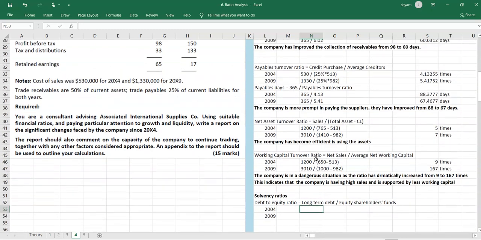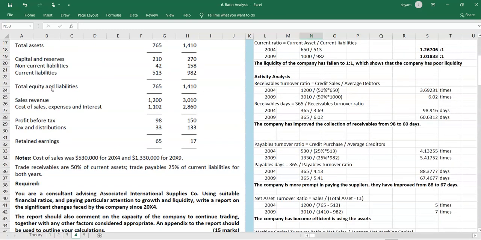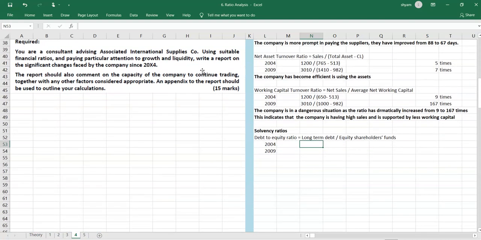So we need long-term debt and shareholders' funds. In terms of long-term debt, we have non-current liability, which is 42 and 158. So first we'll take that.